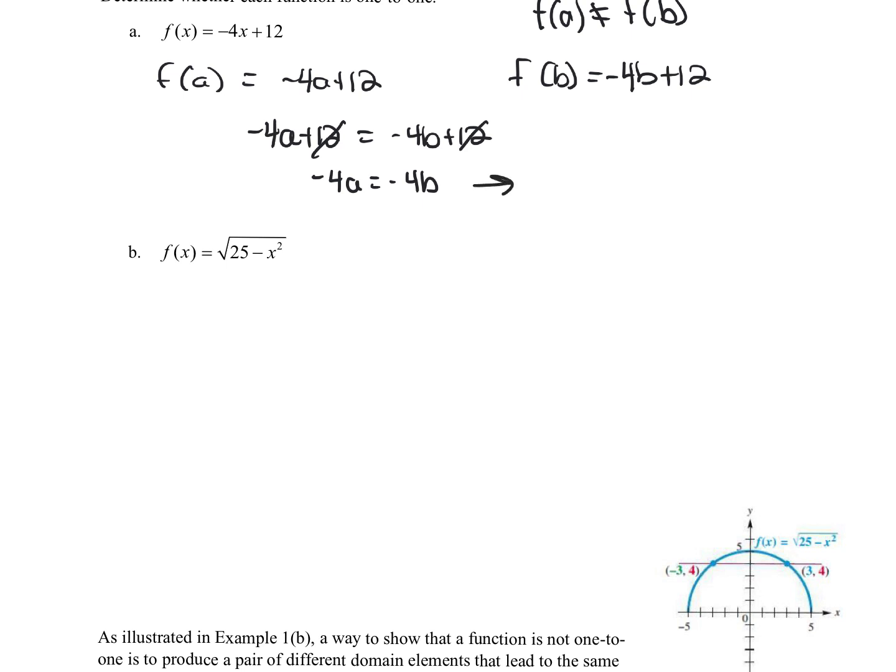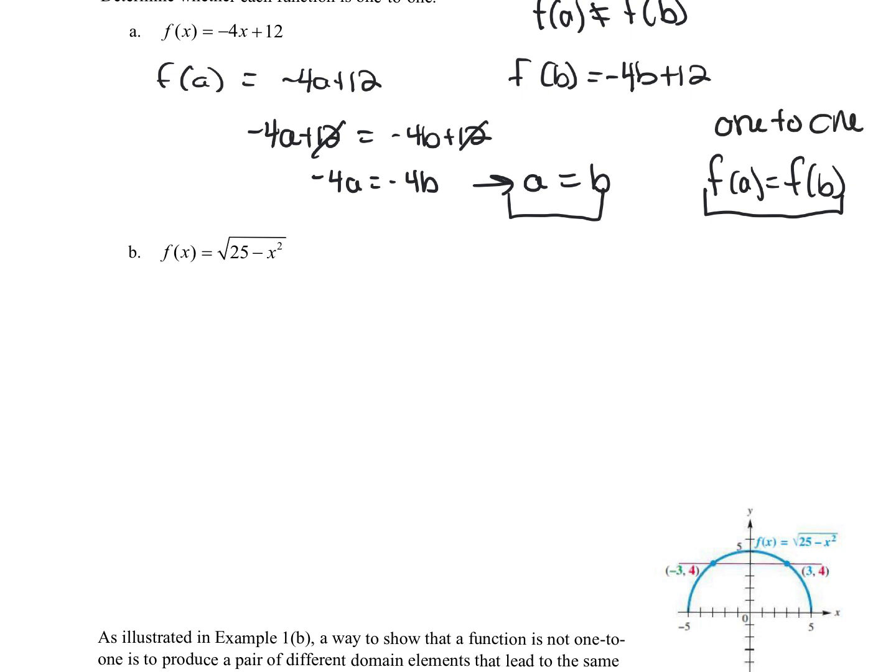And then you end up getting that a equals b, because you can divide both sides by negative 4. So if a equals b, then f of a has to equal f of b. This means that it is one-to-one by definition. So since a equals b, f of a equals f of b, one-to-one.